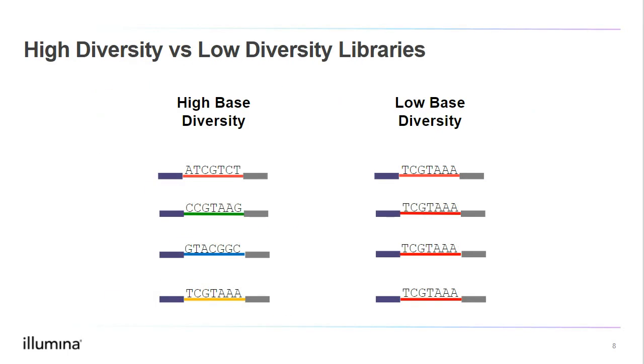These examples represent the far ends of the spectrum from the highest to the lowest in diversity. You can imagine if we had a library composed of multiple amplicons, it would increase the overall diversity of the library, but would still not be as diverse as a genomic library. And we'll see an example of this a little bit later.